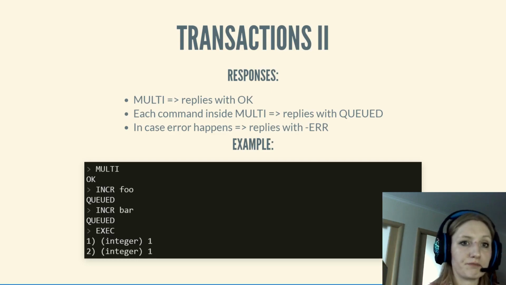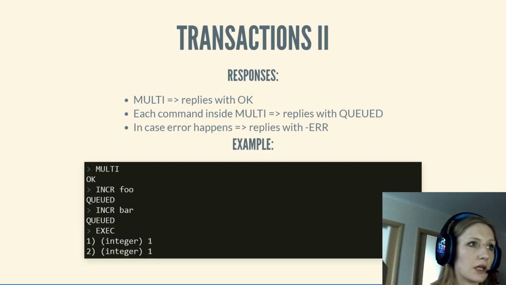Here is an example of a transaction, and here you can see the replies you get from the system. When you send MULTI, it responds OK. Then you put in commands and it responds QUEUED. And then you send EXEC, the command to execute the transaction. Then you get the result, which is an array of replies.